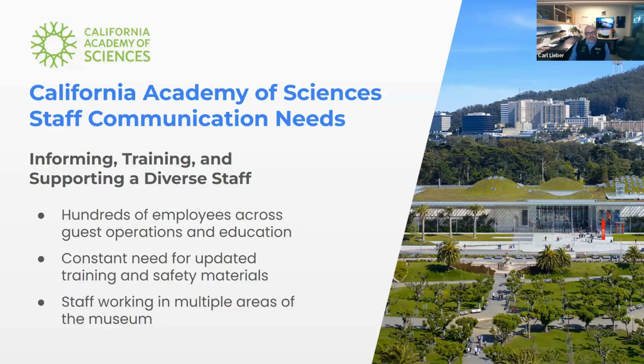We were having a hard time, if we had open positions or open spots that we needed to fill that day, reaching out to all of our staff in an immediate, meaningful way, something that they were going to see and have a good chance of responding to. We knew we needed to be in the text message environment, and so that's what started it.